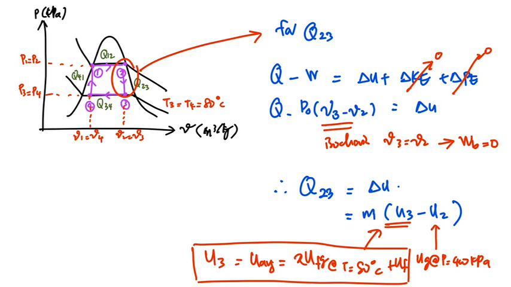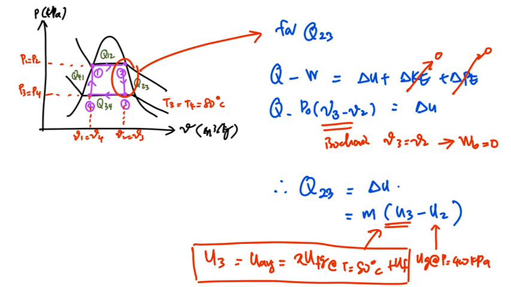Okay, next, process 2 to 3, which is isochoric cooling to 80 degrees C. From the PV diagram, you need to find Q23, and again from the energy balance analysis, Q minus W equals delta U plus delta KE plus delta PE. Because the process is isochoric, the boundary work will be 0.